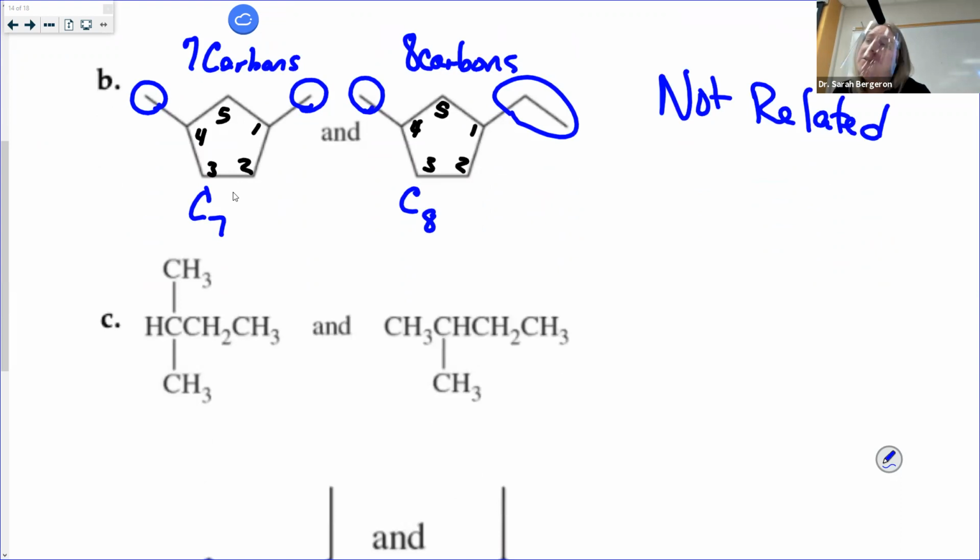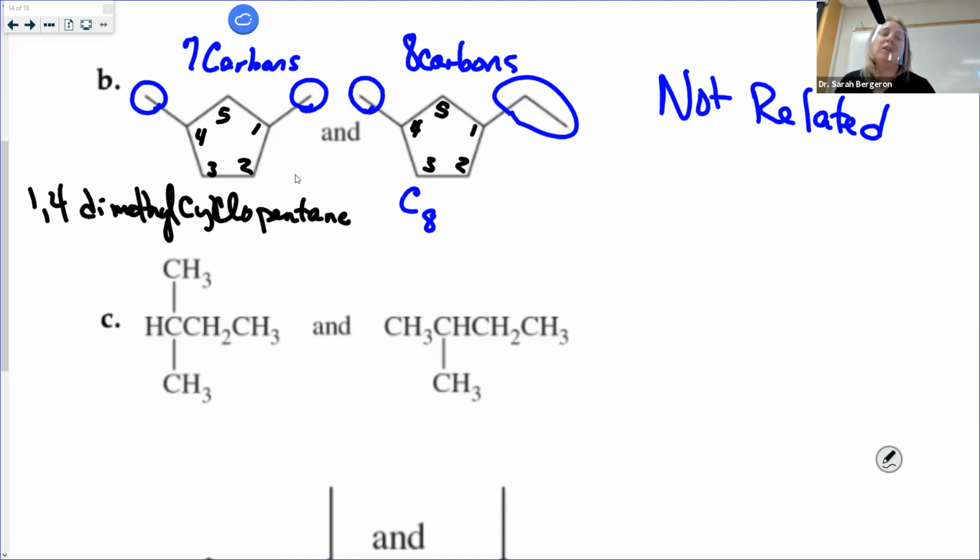If we were to name it, would they have the same name? What will we name the first one? Cyclo, so yeah, we would have a cyclo. And there's 5, so it would be cyclopent, and then single bonds, ane. And what else would we say? 1,4-dimethylcyclopentane.